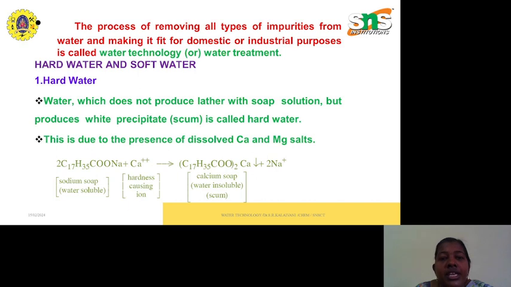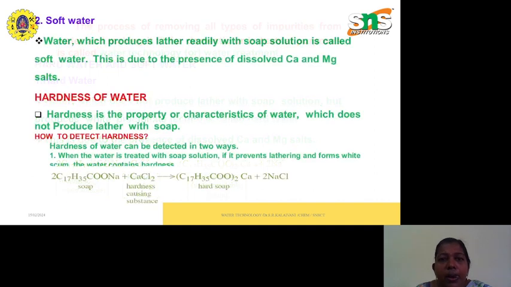So sodium and calcium are replaced. That means (C17H35COO)2Ca plus 2Na+. So, sodium soap is converted into calcium soap. Sodium soap is water soluble. Calcium soap is water insoluble due to the presence of calcium and magnesium salts in the water sample.